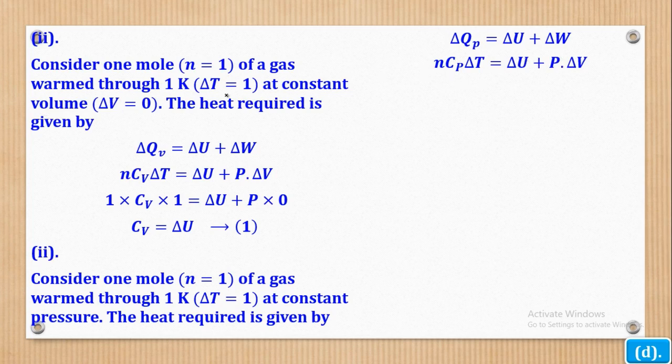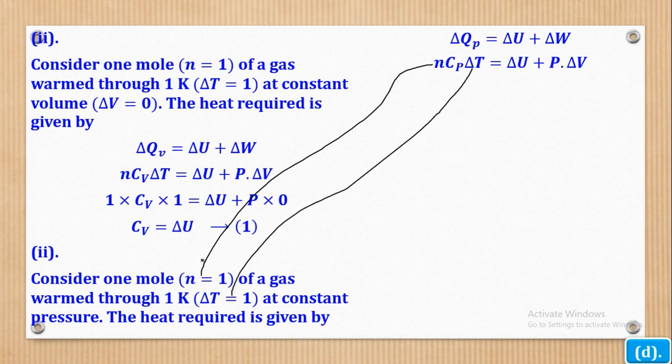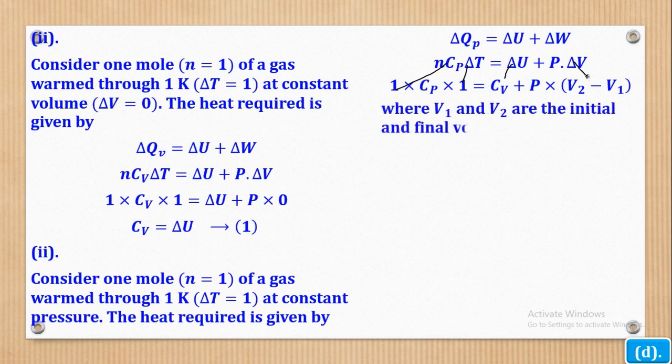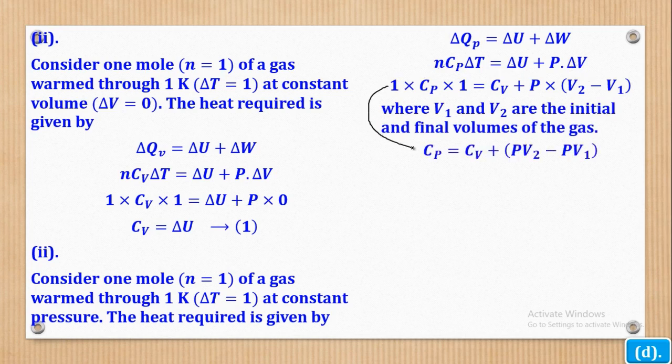So next is to remember that n is 1, then change in temperature is 1, then also internal energy is Cv. So I come and write that. So internal energy is Cv, n is 1, change in temperature is 1, then change in volume will be V1 minus V2, where V1 and V2 are the initial and final volumes of the gas. So when I simplify this, I'll come up with that expression.